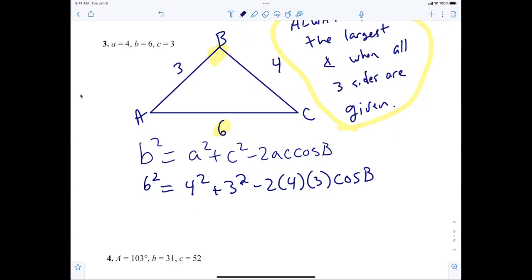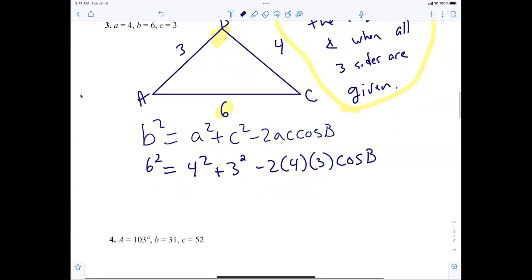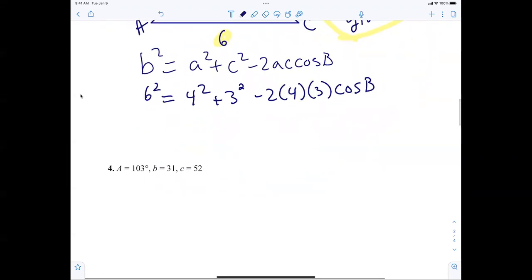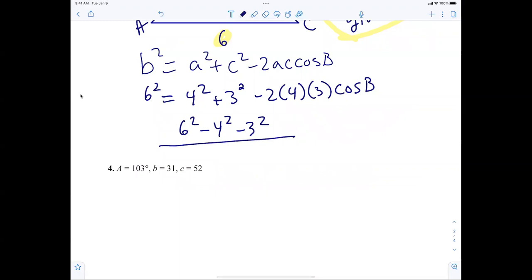Now, everybody's got to stop and listen for a second, because it was always annoying to me how people do not understand order of operations. Please watch. I'm expecting everybody to be able to do this. 6 squared minus 4 squared minus 3 squared divided by negative 2 times 4 times 3 equals cosine B. Most people cannot do that.